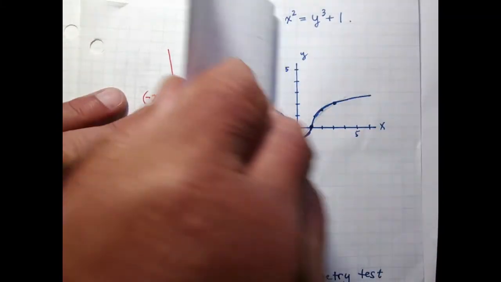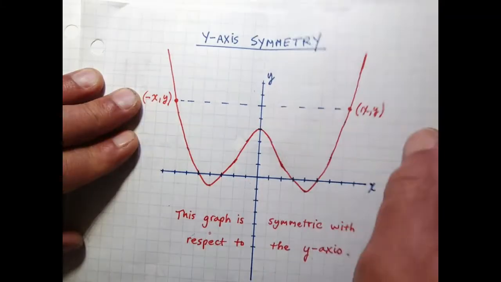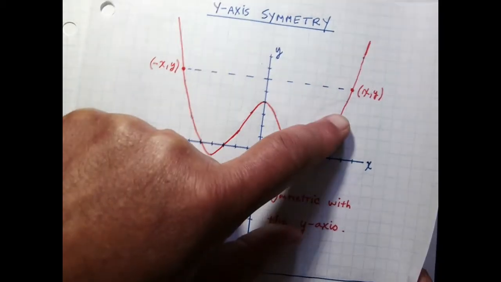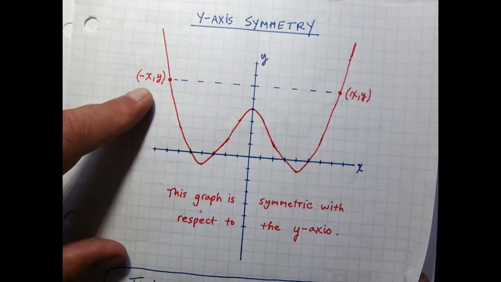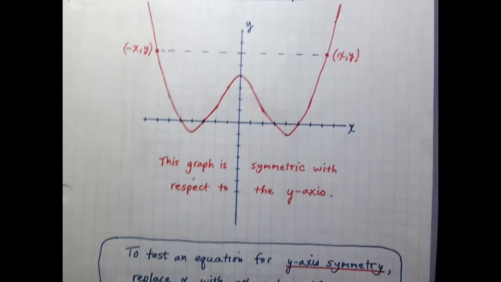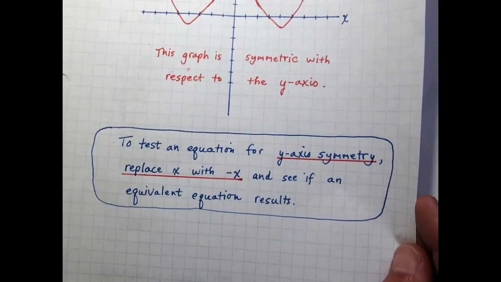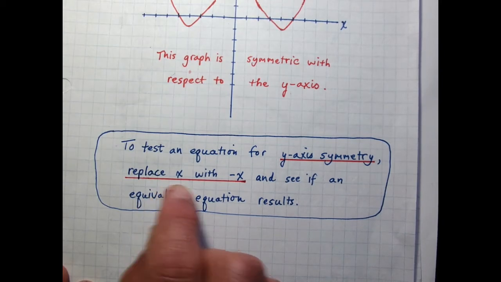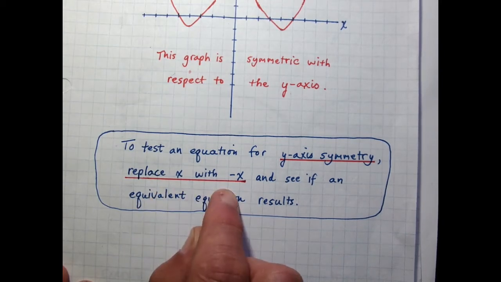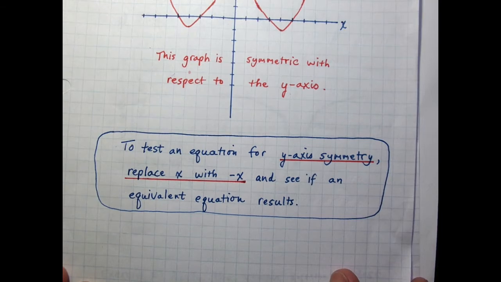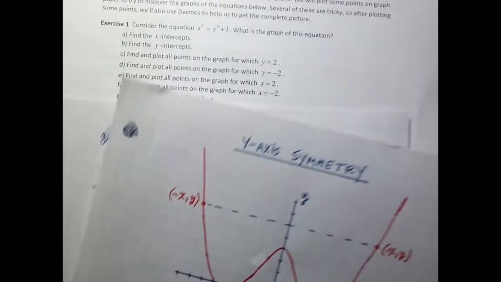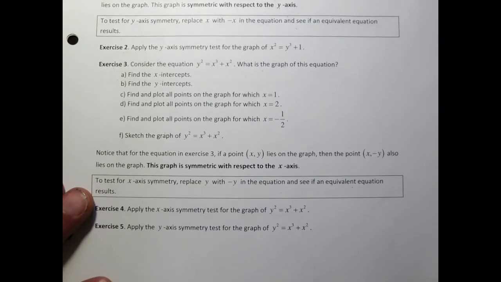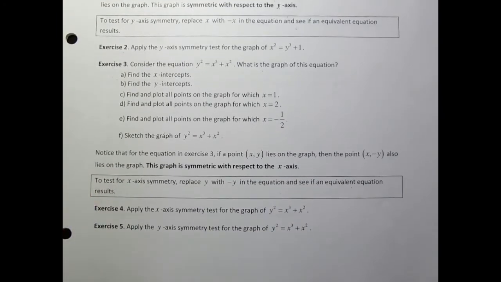That corresponds to two points that would come together when you fold along the y-axis. And because of this relationship between x, y and negative x, y, to test an equation for y-axis symmetry, we can replace x with negative x in the equation and see if an equivalent equation results. That's actually on our handout, and that's the point of exercise 2.